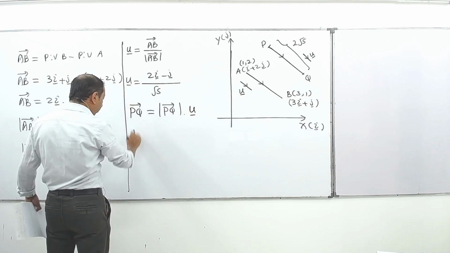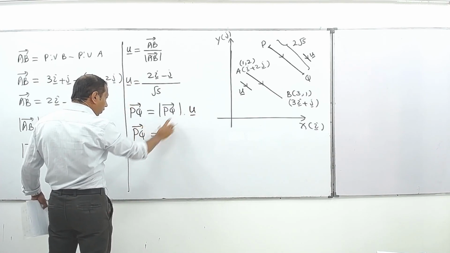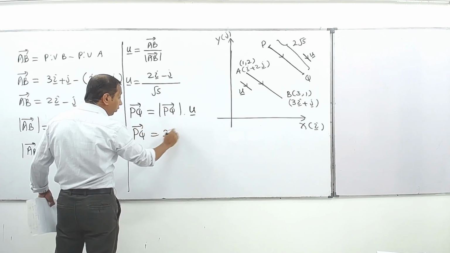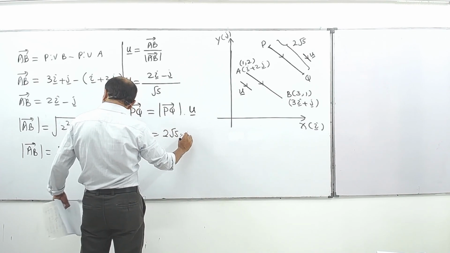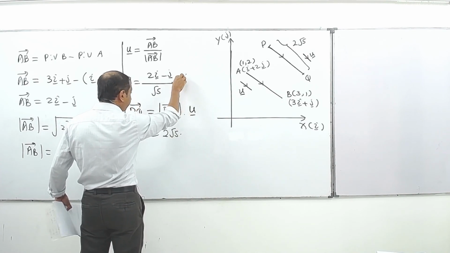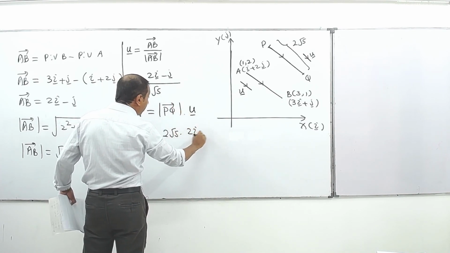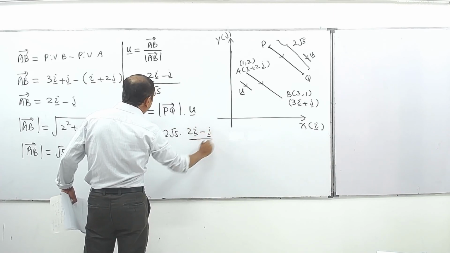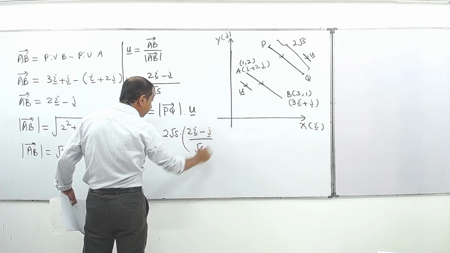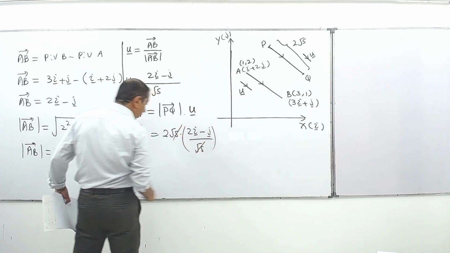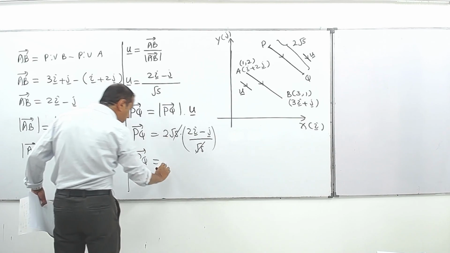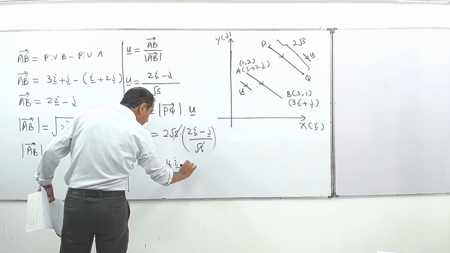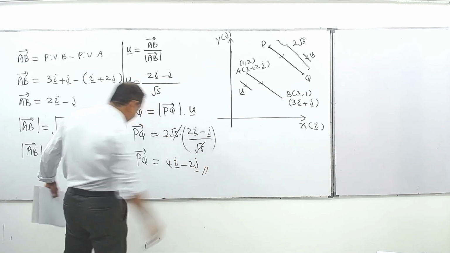PQ vector modulus given as 2 root 5. Unit vector we found here, people: 2i minus j divided by root 5. This and this you can cancel down. Then we get PQ vector, multiplied by this 2, 4i minus 2j. This is the PQ vector.